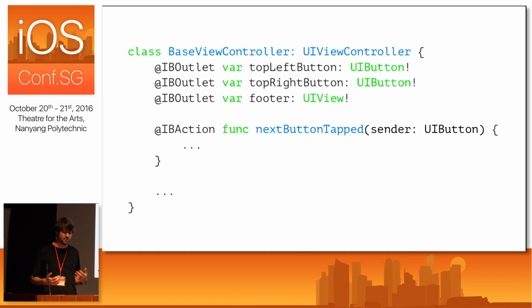Because unless you have a lot of very complex layout code or something, which I hope you don't, I hope you're just using auto layout, then you're not really gaining anything except for maybe saving one line of code between these. And I actually think that sharing this action is worse for everybody because if you notice through all the slides previously, we always had this action named next button tapped, which is a super generic name that doesn't really explain anything. But from our base view controller, we don't know anything more about what that button is going to be used for, so we can't actually give it a much better name at all.